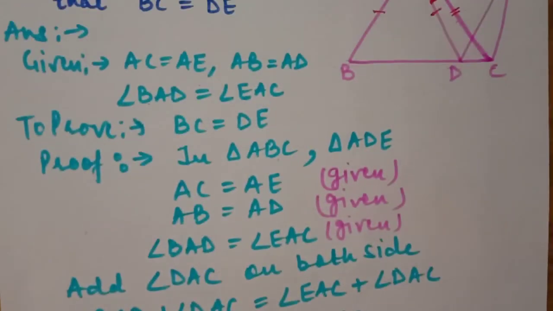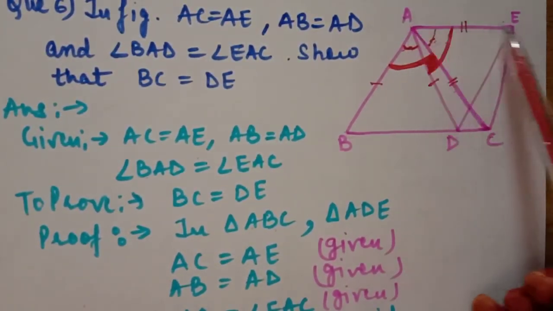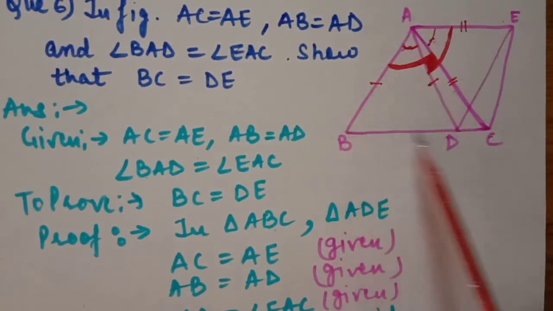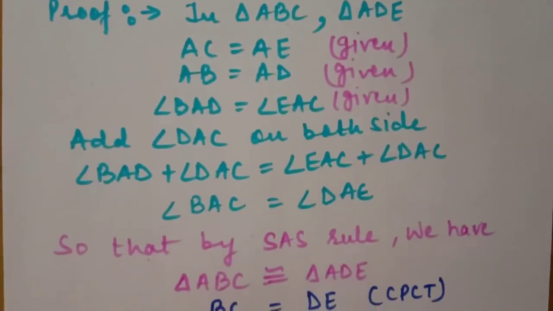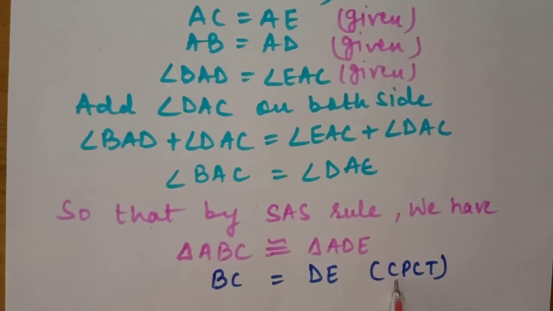And now our to prove is BC and DE. If triangle ABC and triangle ADE are congruent to each other, then definitely BC and DE are equal to each other by CPCT, corresponding parts of congruent triangles.